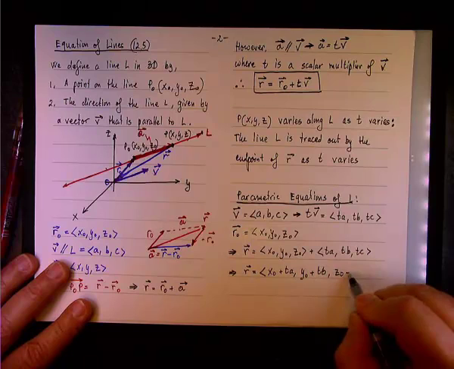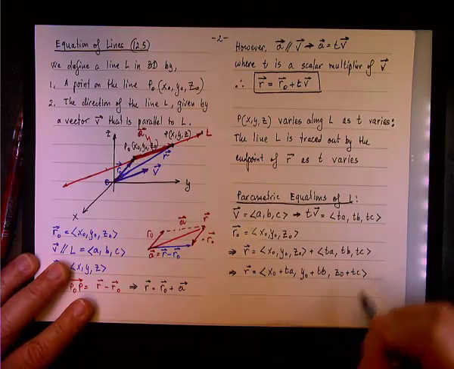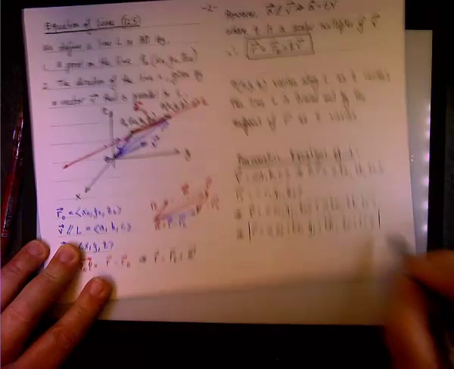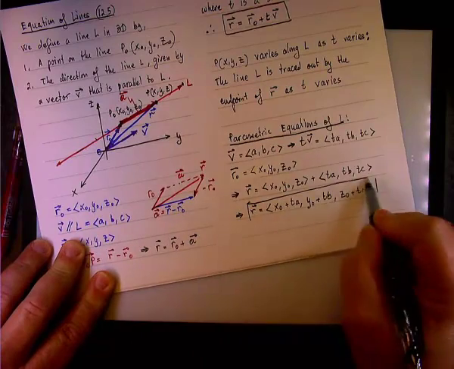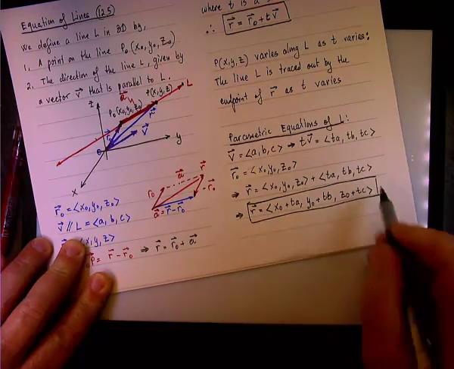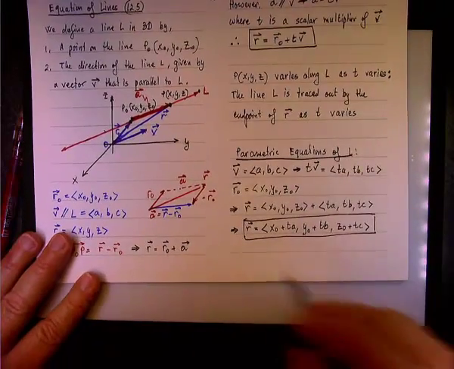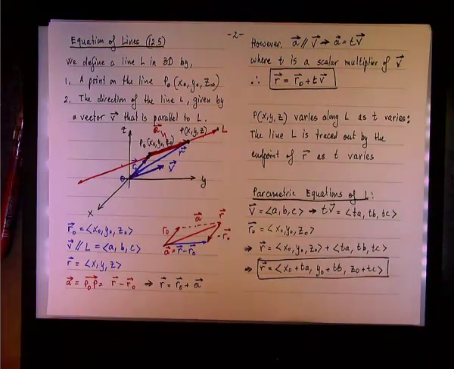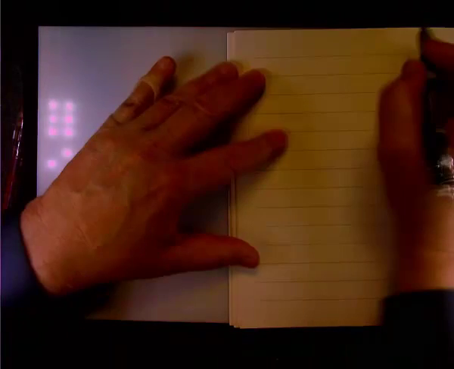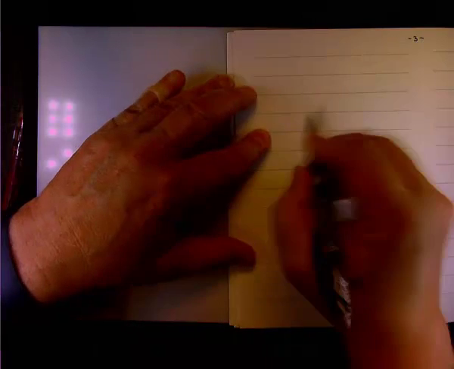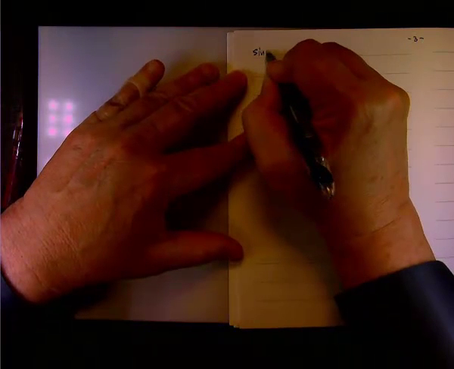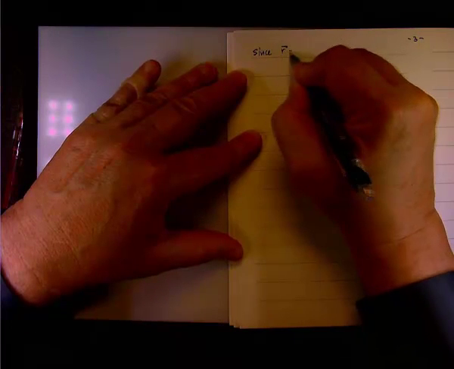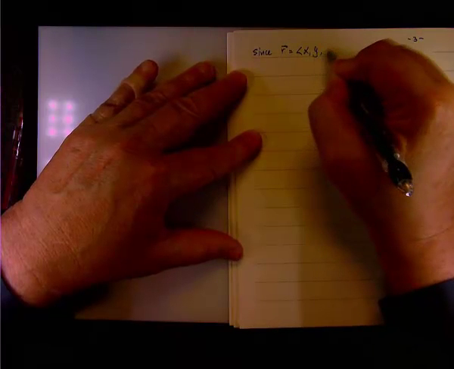It's not parametric yet, but it's as close to parametric as we get. X sub 0 plus TA, y sub 0 plus TB, and z sub 0 plus TC. This vector. Okay, this will lead to the parametric equations.